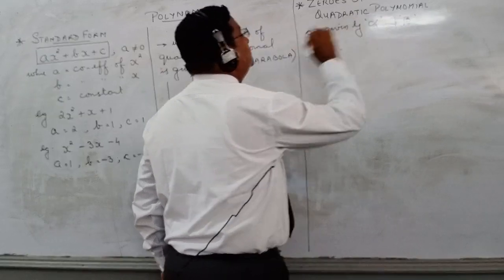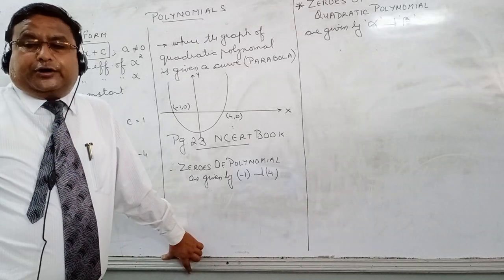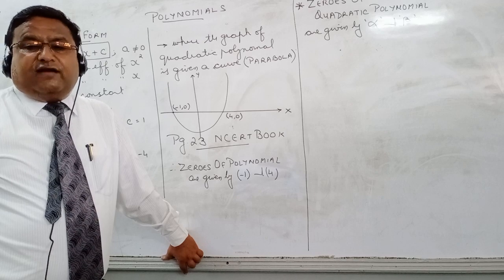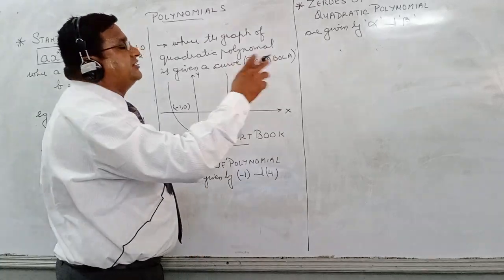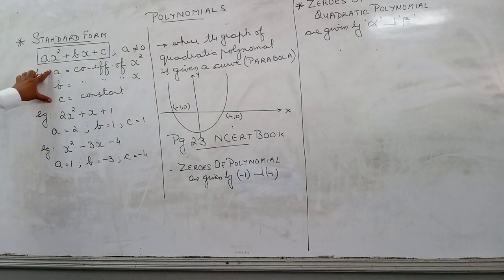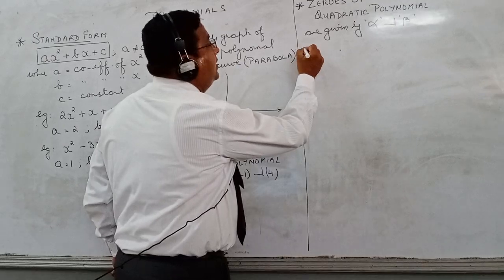These are the 2 new symbols that are going to be introduced. Now these 2 symbols are very, very important. There are a few more symbols that are going to be coming. Alpha and beta. There is a relation between the zeros and the coefficients. Which are the coefficients? A, B, C. There is relation between the zeros and the coefficients as well. What is the relation? That relation you have to learn.